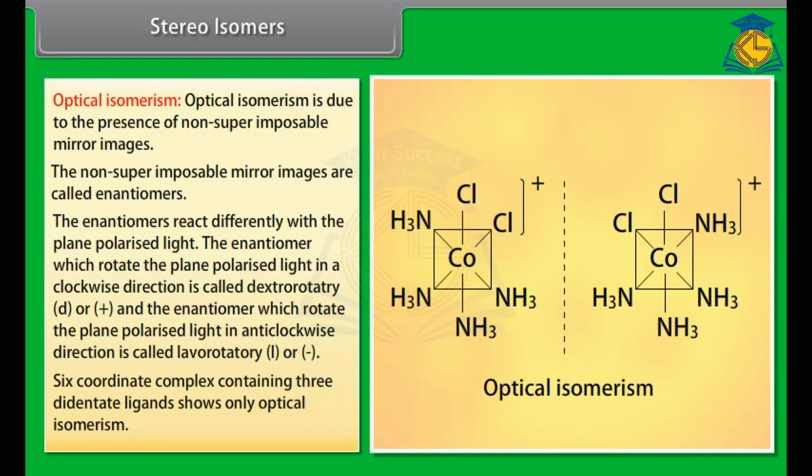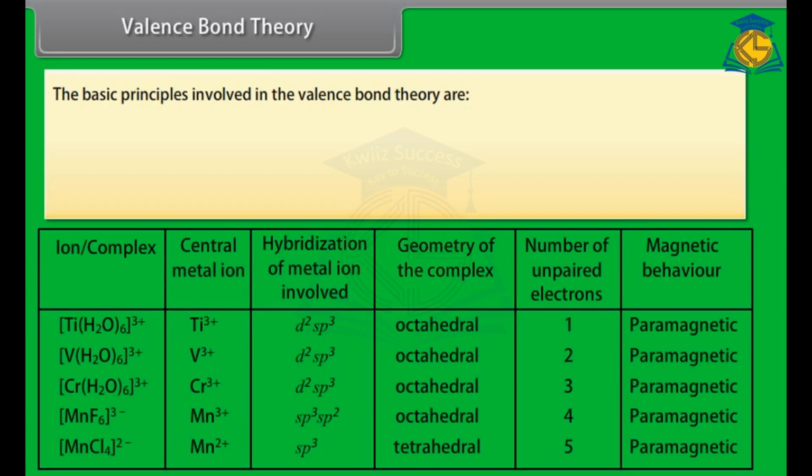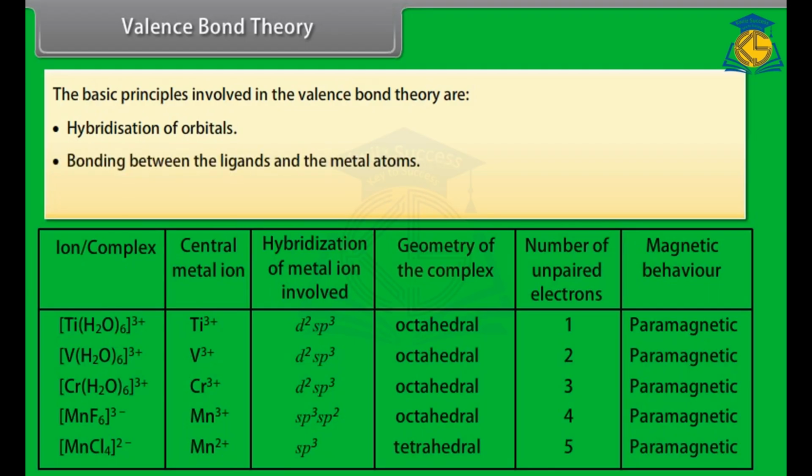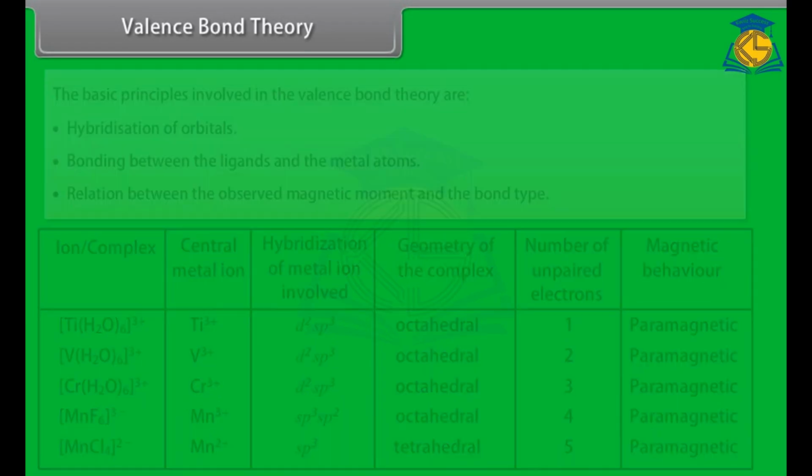A 6 coordinate complex containing 3 bidentate ligands shows only optical isomerism. Valence bond theory. The basic principles involved in the valence bond theory are hybridization of orbitals, bonding between ligands and the metal atoms, and the relation between the observed magnetic moment and the bond type.